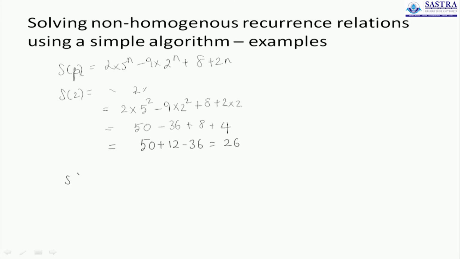Now from the question we know that S of 2 is 7 times S of 1 minus 10 times S of 0 plus 6 plus 8n.